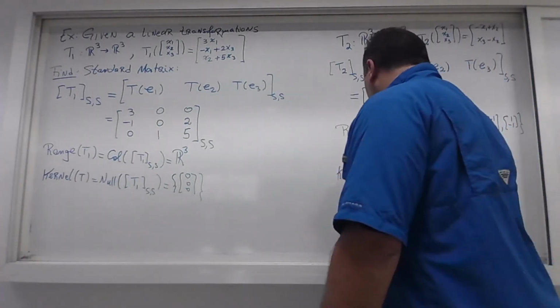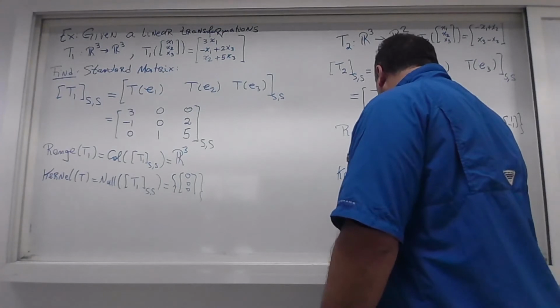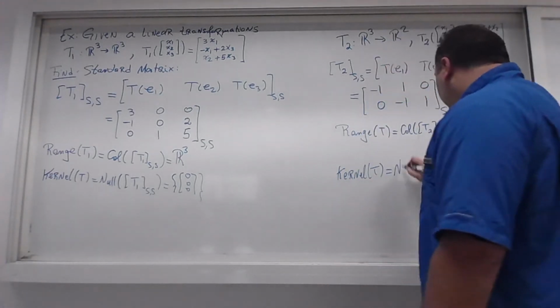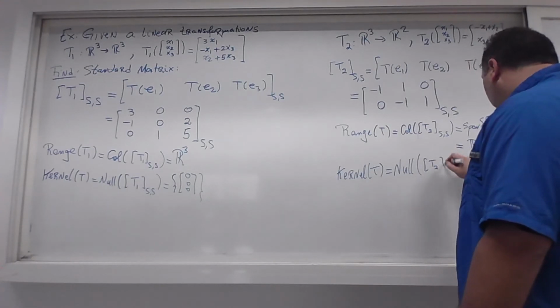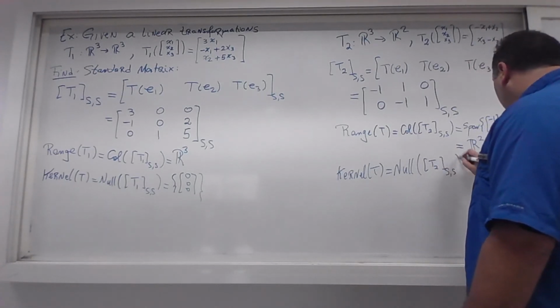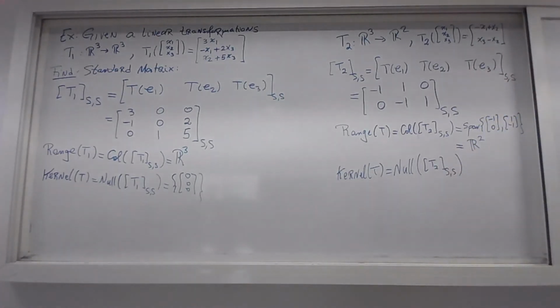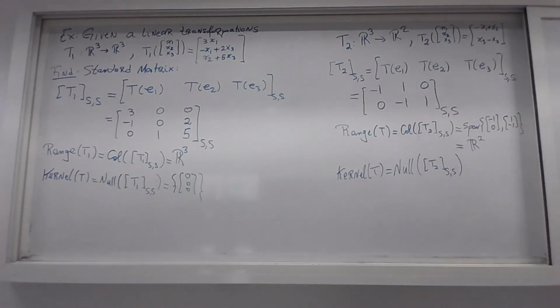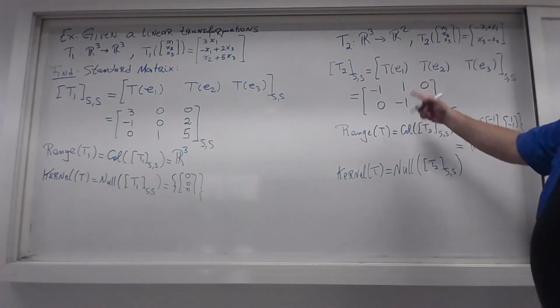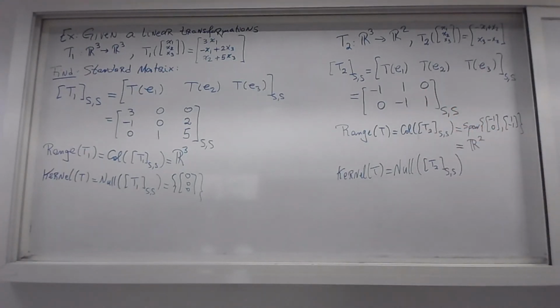So what is the kernel? That's the null space of this matrix here. So what's that? Oh, we need to solve this thing Ax equals 0. So what do we get? Quickly, x1 is equal to x2 and x2 is equal to x3.